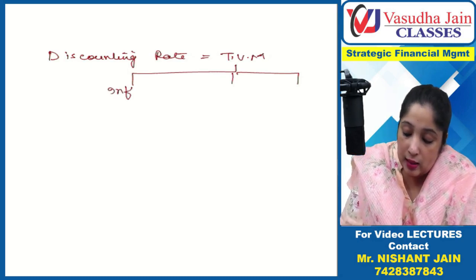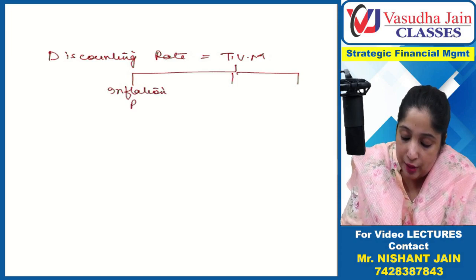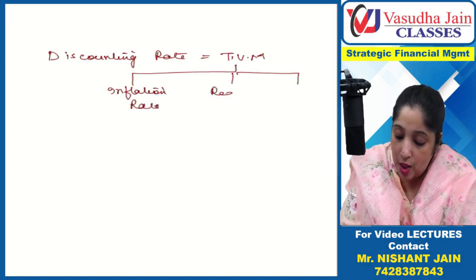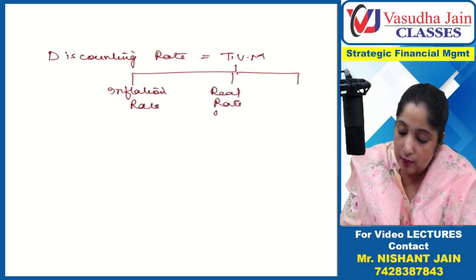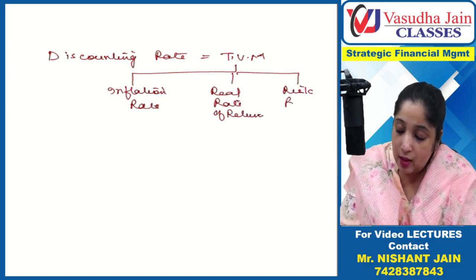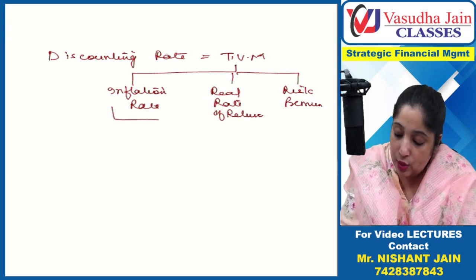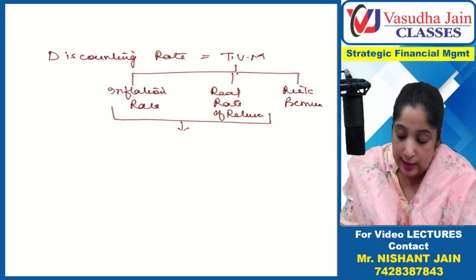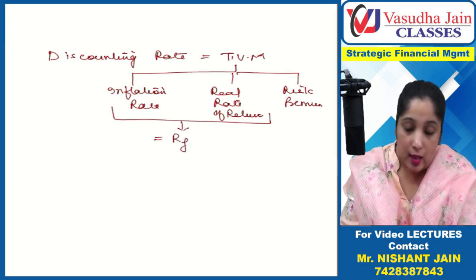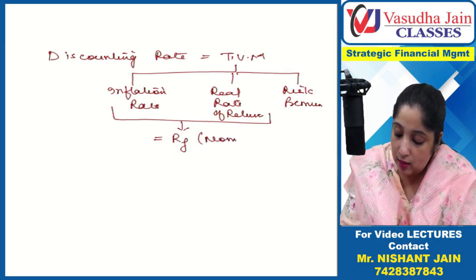Now, this includes three parts: inflation rate, real rate of return, and risk premium, right? Now these two parts are represented by RF, that is nominal rate of return.